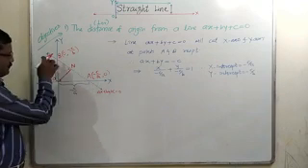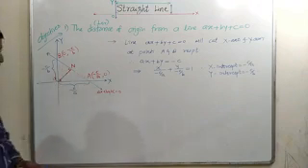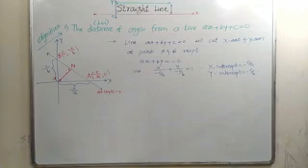Now using coordinates of A and B, we can easily find distance AB. So here we will find distance AB.